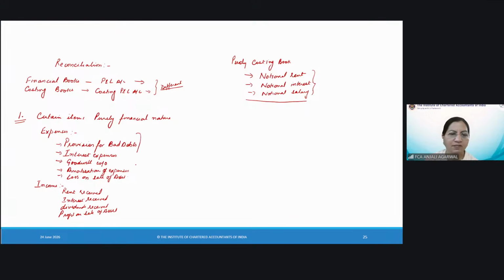So if an item is there which is purely an expense in finance, it will reduce the financial profits, right? What will the income side do? It will increase the financial profits. What will a pure cost item of expense do? Reduce costing profits.